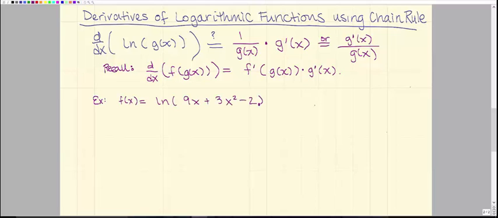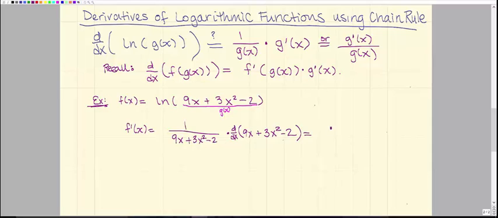So for our first example, let's look at f of x equals the natural logarithm of the quantity 9x plus 3x squared minus 2. So here my inner function, that g of x, is this part here. And so to obtain f prime, it should be 1 over the argument of the logarithm times the derivative of that argument, which therefore is 1 over 9x plus 3x squared minus 2 multiplied by the function 9 plus 6x, the derivative of that inside.